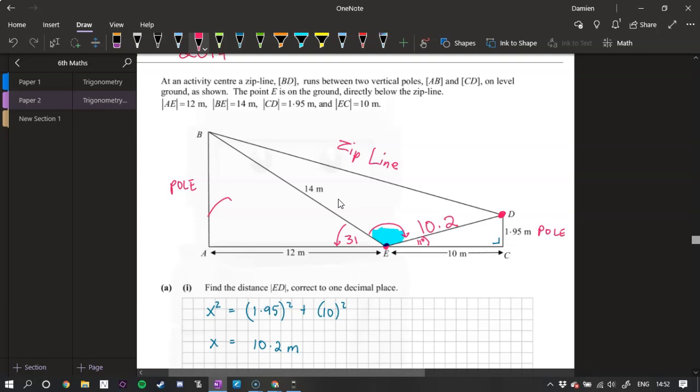And this one actually isn't too bad, because from here all the way around to here is 180 degrees. And we have 11 of it, we have 31 of it. So the bit in the middle is what's left out of 180 degrees.